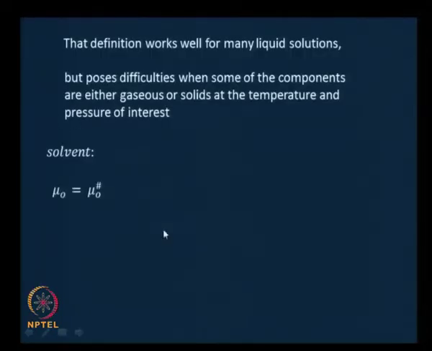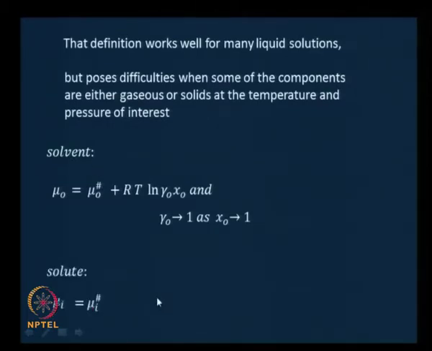If that is the case, then we need a special formulation, and that formulation was as follows: mu_0 equals mu_0 hash plus RT ln gamma_0 x_0, and gamma_0 tends to 1 as x_0 tends to 1 for the solvent, and for the solute mu_i equals mu_i hash plus RT ln gamma_i x_i, and gamma_i tends to 1 as x_i tends to 0.